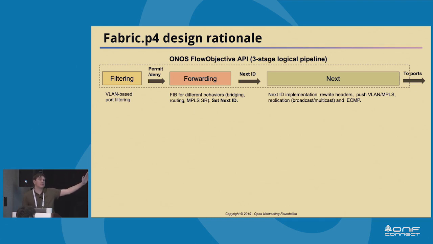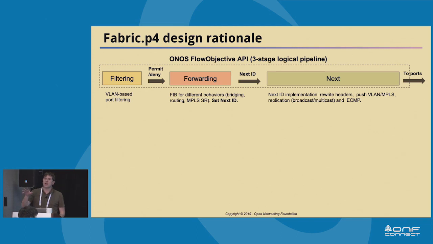You can see the filtering stage is a table that matches on the VLAN tag and the ingress port and decides to either allow the packet or drop it. The forwarding stage is the implementation of routing tables and bridging tables, and finally the next stage is where we map this next ID to routing actions or bridging actions or ECMP, multicast, etc.